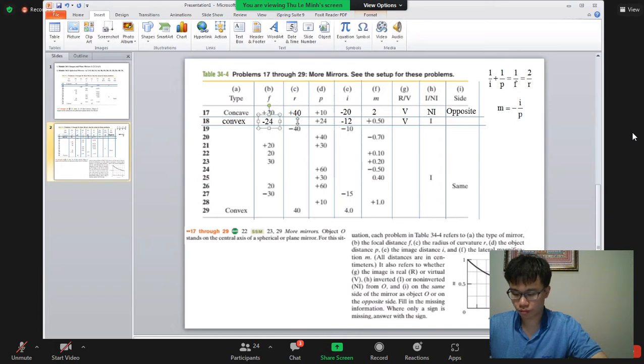And so the radius of the convex spherical mirror should be 48, and the size should be opposite, right? So if I put the size here as minus 0.5, could you solve again? Yes.